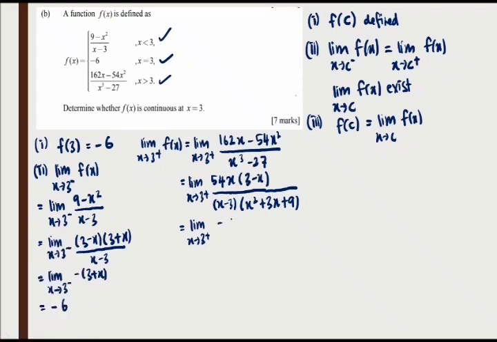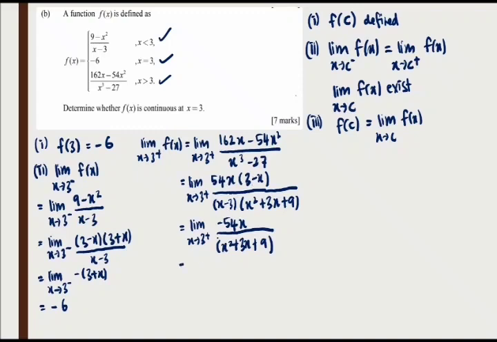You will get negative 54x for the numerator. For the denominator, we have x squared plus 3x plus 9. So we have already simplified, and you need to add the negative sign. You factorize out the negative first so that we can simplify 3 minus x with x minus 3.